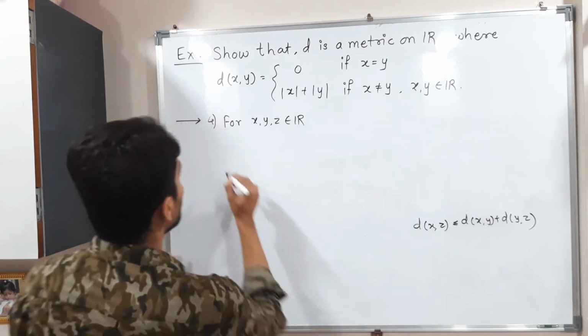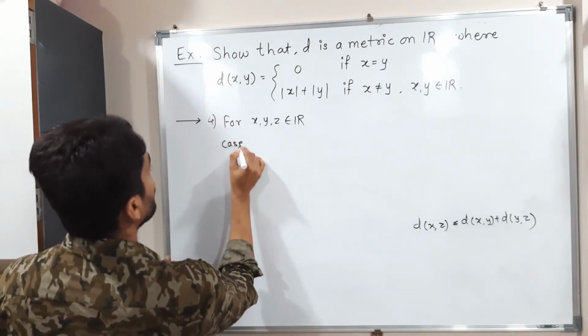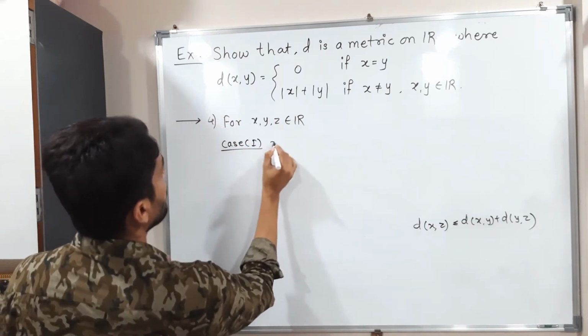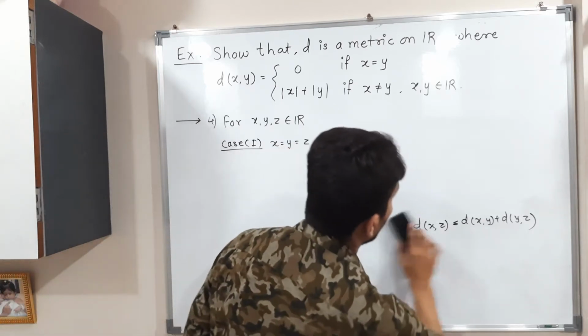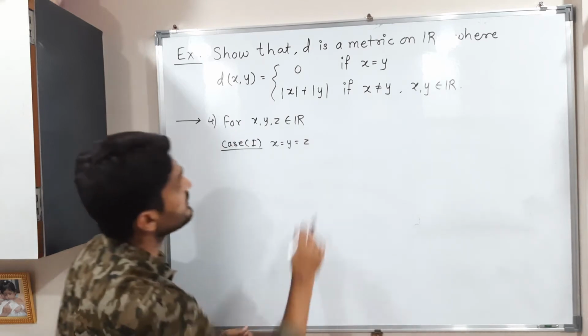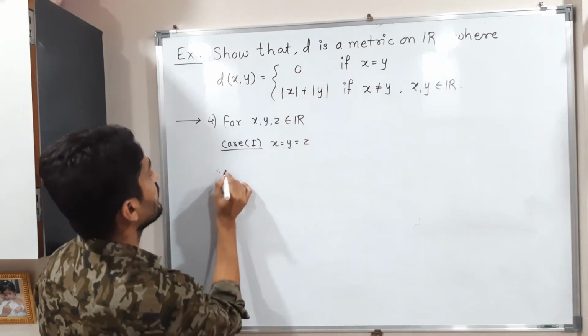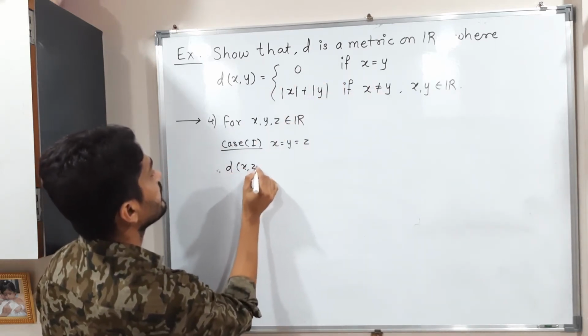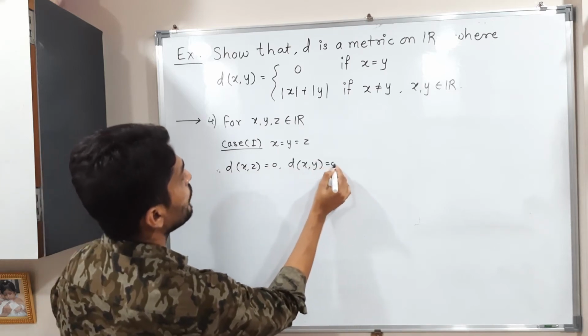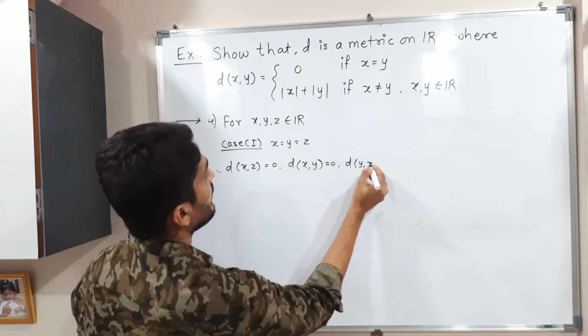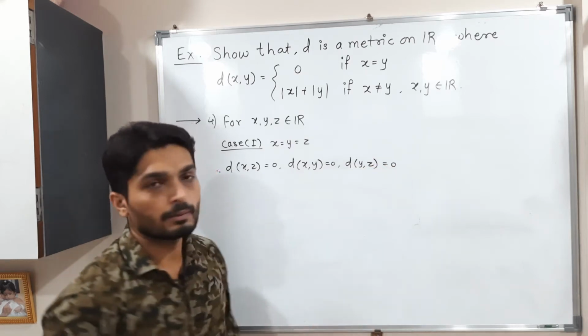So case 1: x is equal to y is equal to z. See what will happen if I consider all three elements equal. If they are equal, then d of xz is 0, d of xy is 0, and d of yz is also 0, since all of them are equal.